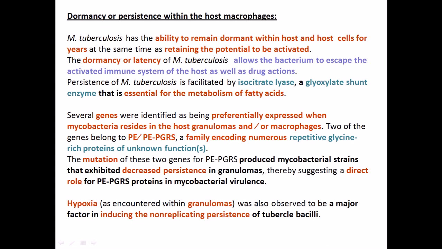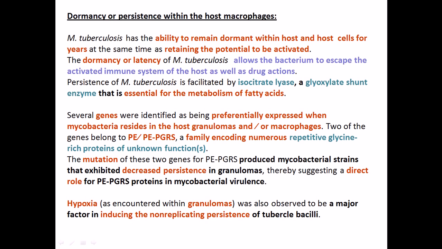And the mutation of those genes, PE-PGRS, produced mycobacterial strains that exhibited decreased persistence. So that is telling us that definitely these genes like PE-PGRS have a vital role in helping the dormancy of the bacteria in granulomas, right? So they are having a kind of direct role there.